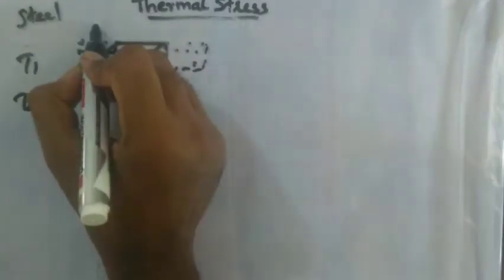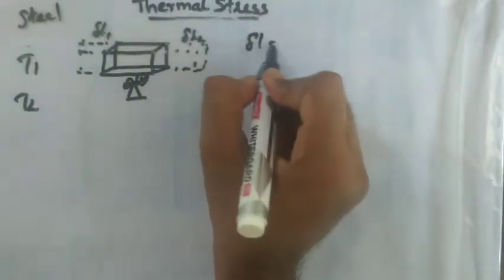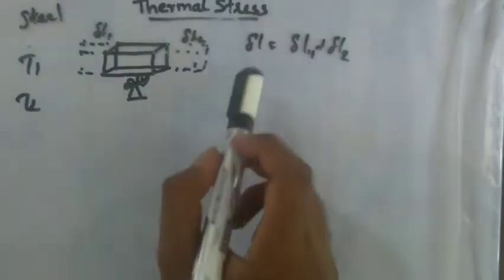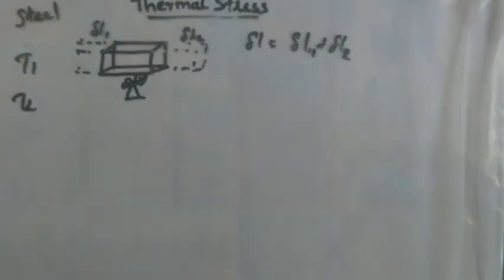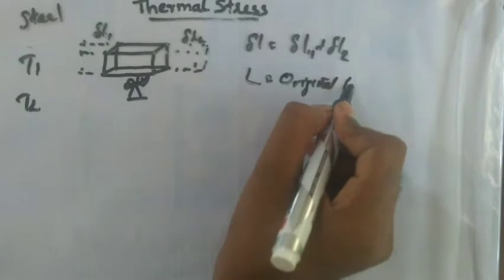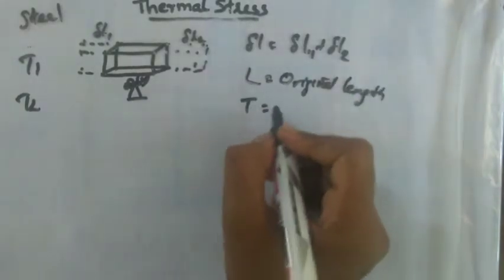Let this one be delta L1, then this be delta L2. The delta L is the sum of delta L1 plus delta L2. Delta L means change in length. The original length is L and the change in temperature is T.